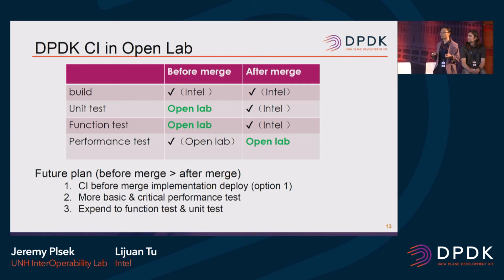And I think we will try to expand the Open Lab scope to function tests and unit tests, and maybe some DPDK application-based tests, maybe some OSes, but it depends.